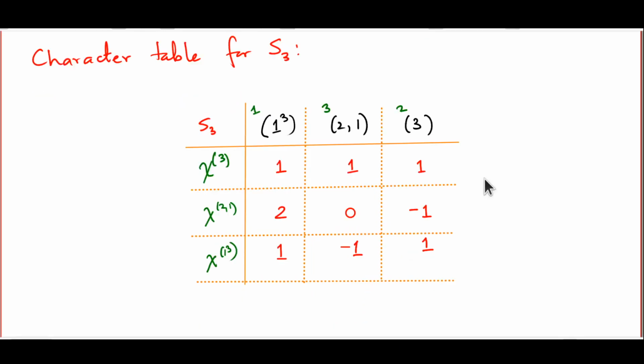I'm sure all of you would agree that working out the character table for S3 is hardly enough compensation for learning all these rather complicated techniques. And you would be right. S3 has a simple enough character table that can be worked out by very elementary procedures, and we have already done that before.